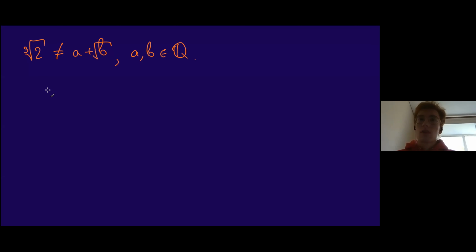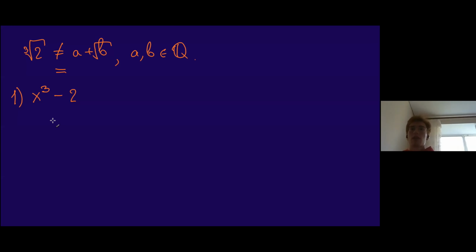So let us suppose to the contrary that we have an equality here. Then we know that this number is a root of the following two polynomials.